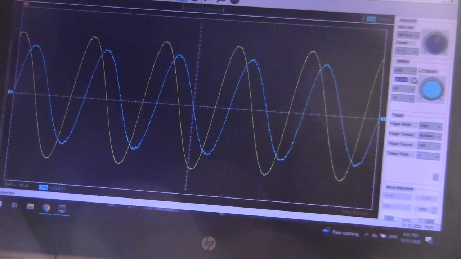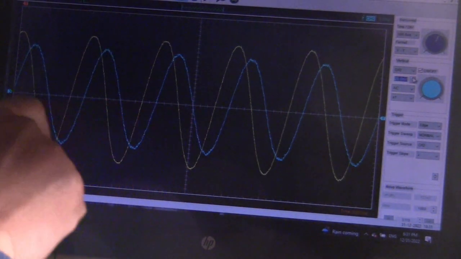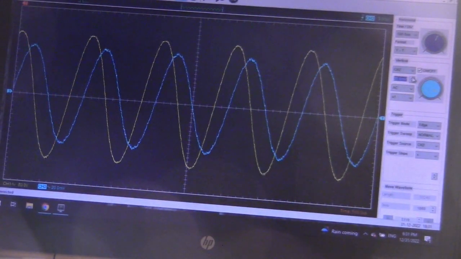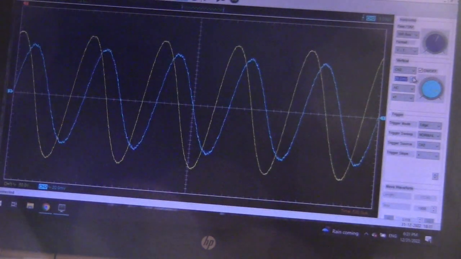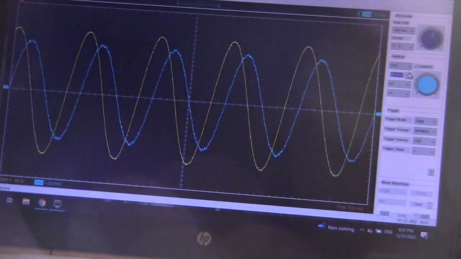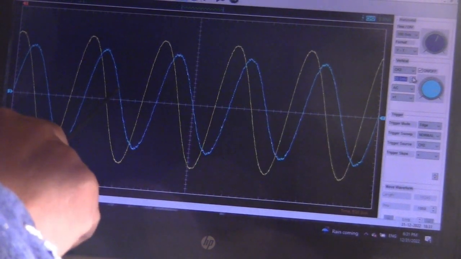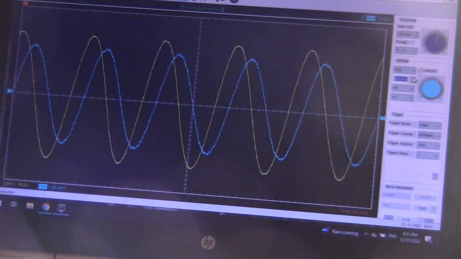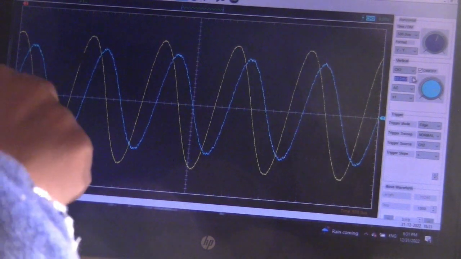And we see the blue line shift to the right. That means something. In the RC circuit, when we feed an AC signal to that, the voltage in the capacitor and the voltage on the resistor, they're not in the same phase.